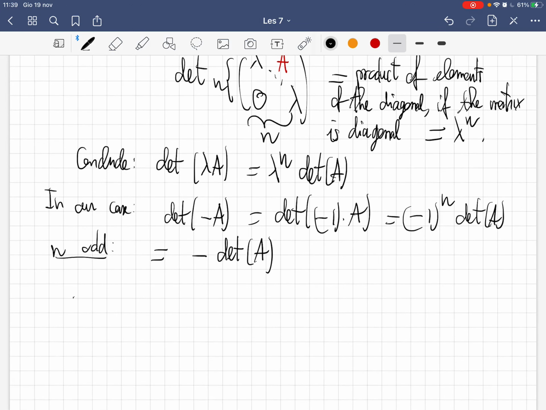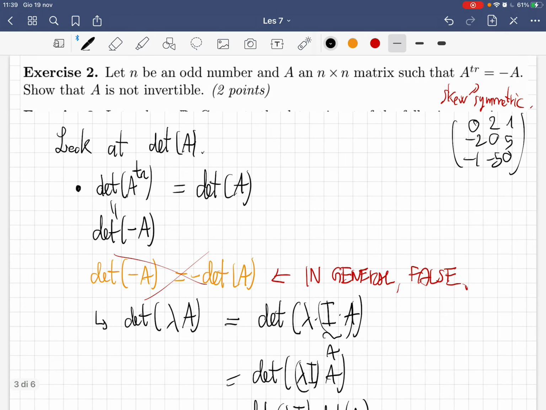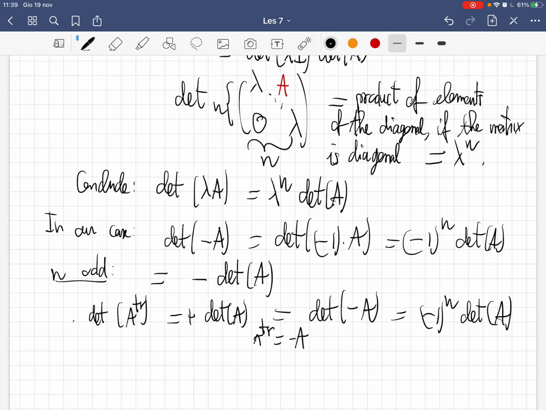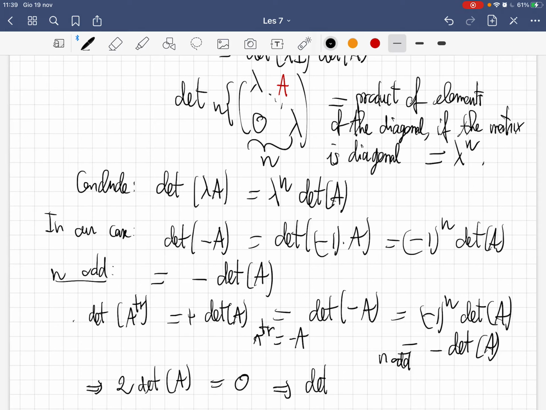So we've said that the determinant of A transpose is equal to the determinant of A, but this is equal to the determinant of minus A, because A transpose is equal to minus A. And this is minus 1 to the nth power, in general, times the determinant of A. But since n is odd, this is minus the determinant of A. And from this, we conclude that 2 times the determinant of A is equal to 0, so necessarily the determinant of A has to be equal to 0, so A is not invertible.